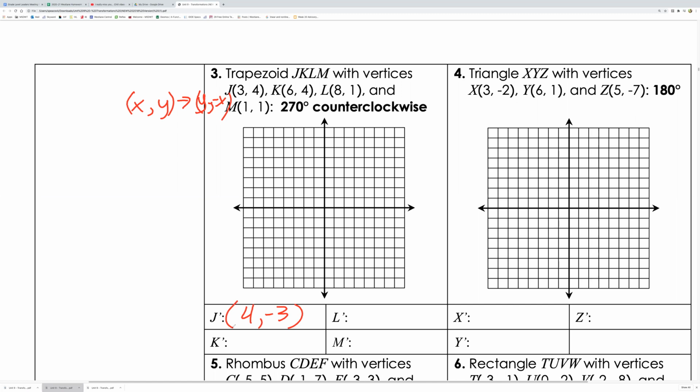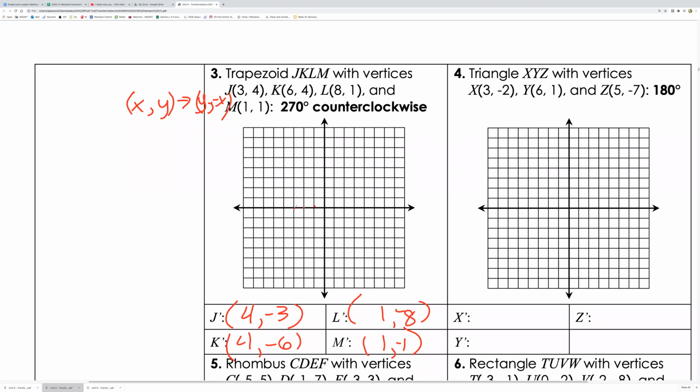K is 6, 4, so it would be 4, negative 6. L is 8, 1, so it would be negative 1, 8. And M is 1, 1, so it would be negative 1, 1. Oh, I apologize. I messed up there. Hopefully you guys spotted that error. I accidentally changed the first one to the second one. My bad. All right.